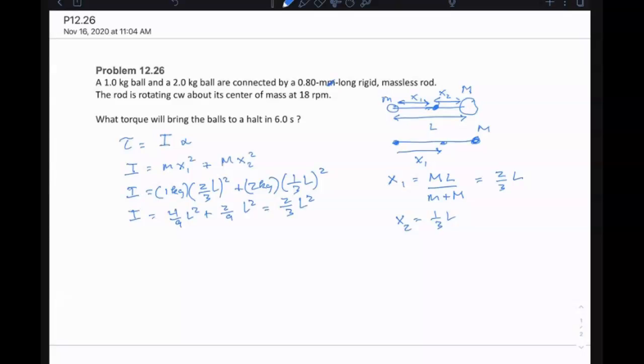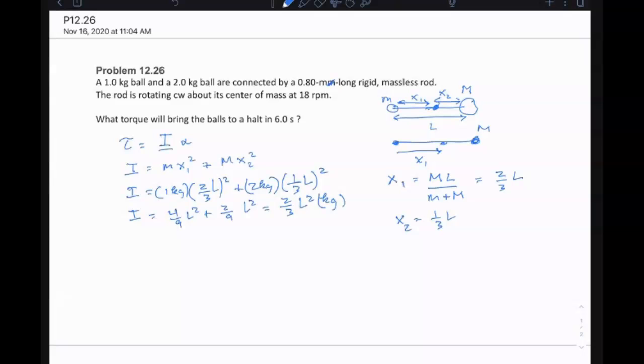Where it's understood that kilograms are in the units here, and L is going to be in meters. All right, so now we've determined what the moment of inertia is for this system.